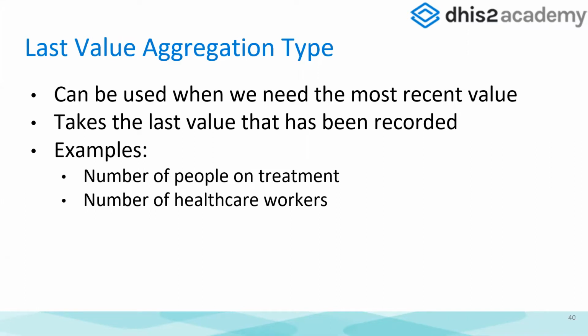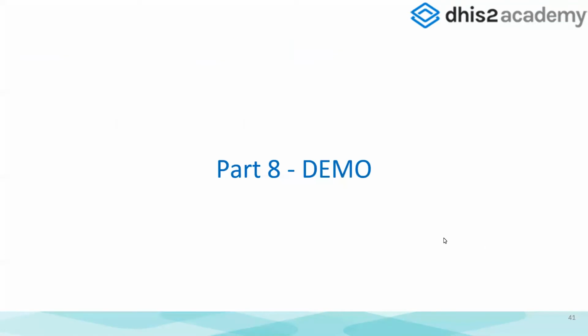You can do that by selecting this last value option as the aggregation type. So it is very simple and easy. I will show you how to do that in pivot table.